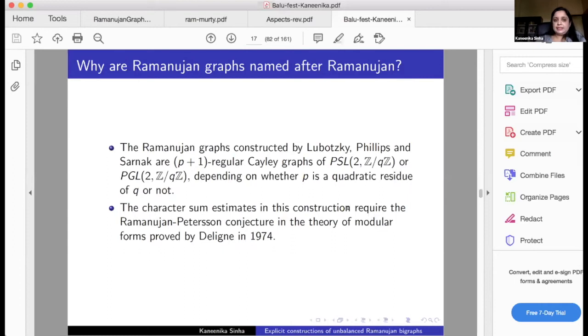This is the reason why Ramanujan graphs are named after Ramanujan.